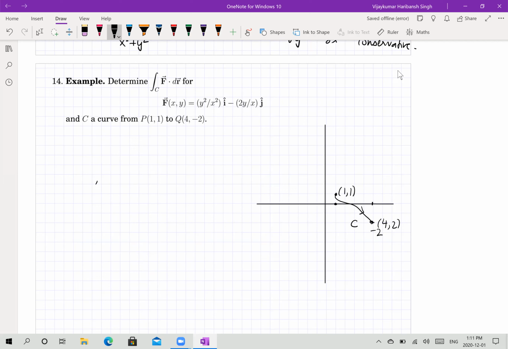We will be able to compute this if the vector field F is conservative, because in that case it will not depend on the path. So we need to check if F is conservative.